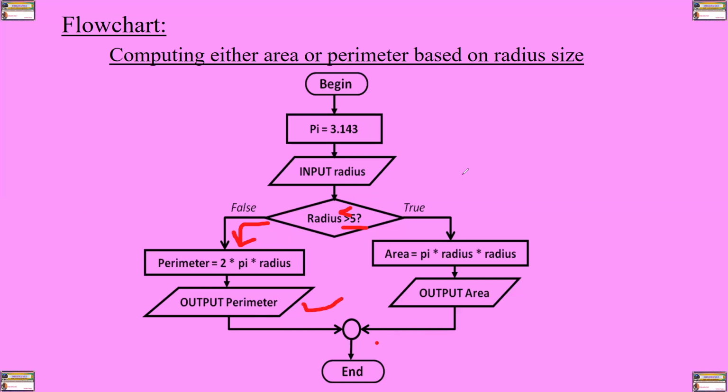So there is no time when the perimeter and the area will both be computed. At no time will both of them be computed. Why? One of the actions is the one which will be taken.